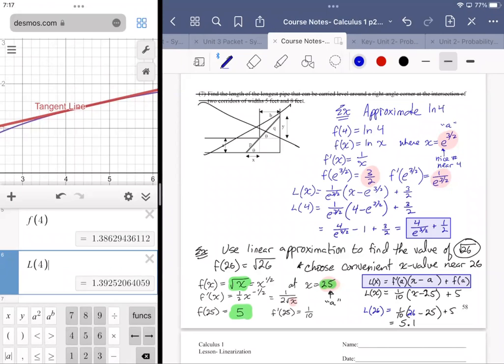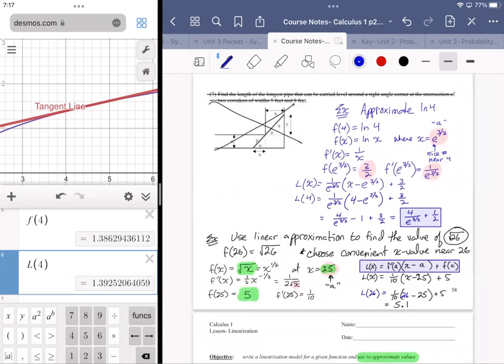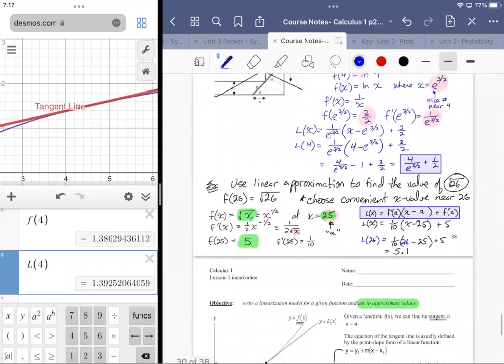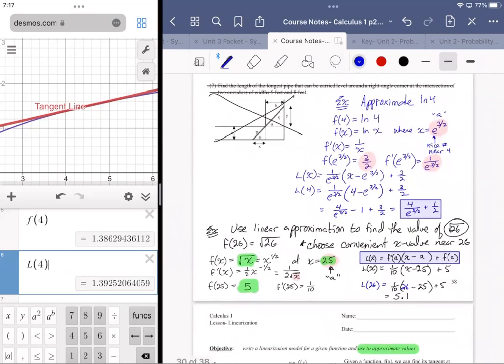So that's pretty good. Honestly, it's very good for a problem I just made up on the fly. But it is what it is. So the problem that I never did, because I did these two, involves a cube root.